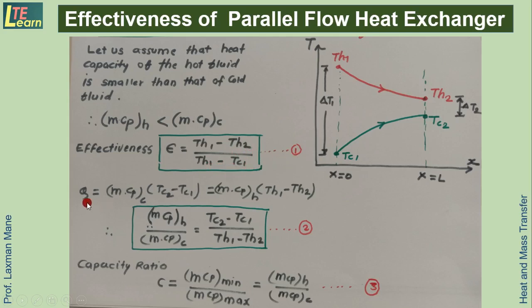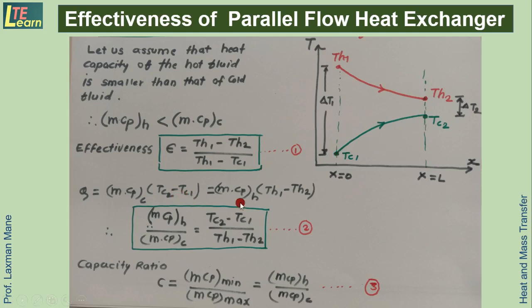Then heat transfer is written for the cold fluid and for the hot fluid. For cold fluid, mCp into TC2 minus TC1. For hot fluid, mCp into TH1 minus TH2. So here TC2 minus TC1 is the temperature difference between cold fluid outlet temperature and inlet temperature.